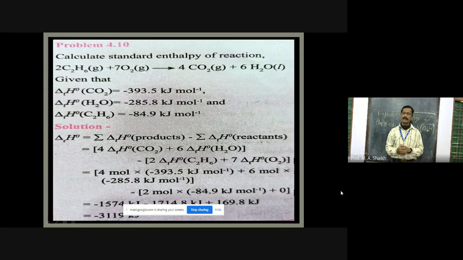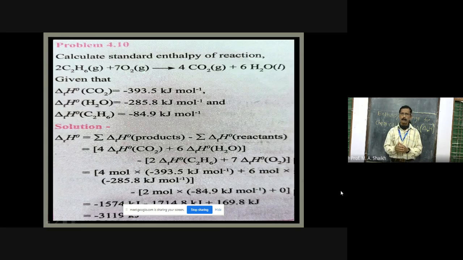So see the next step. 4 into standard enthalpy of formation of first product, that is CO2. Why 4? Because there are 4 moles of CO2. 4 into standard enthalpy of formation of CO2, CO2 is the first product, plus 6 into standard enthalpy of formation of H2O. Second product is H2O, and see the number of moles for H2O, 6 moles.